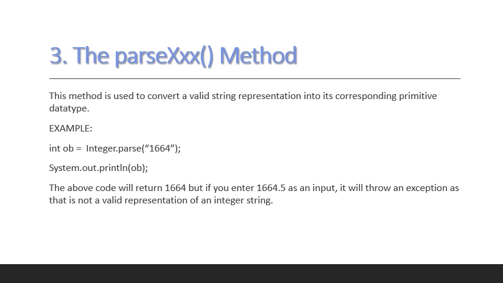But if you enter the value 1664.5 as an input, it will throw an exception because it is not a valid integer string. Here, if you use any decimal value, it will not give you a valid output because it is not a valid integer. Here we are using only integer, so it will give the integer value.